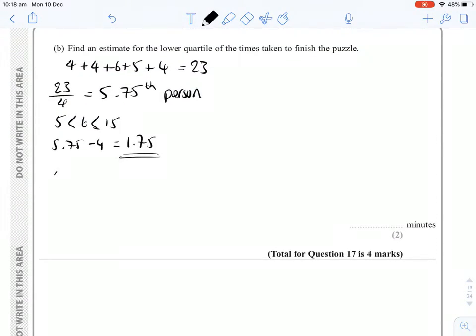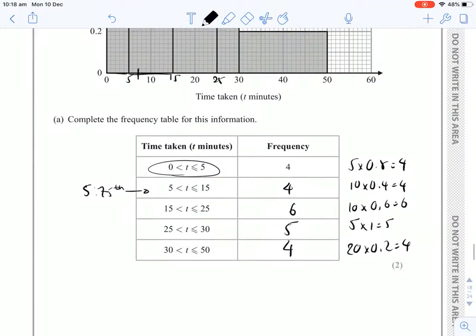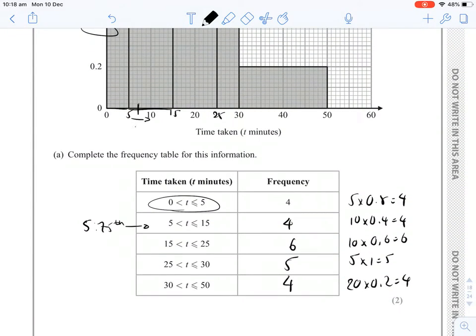So we're saying that 0.4 times the width of the bar is going to be 1.75. So therefore the width of the bar, 1.75 over 0.4, and that is going to be 4.375. So that tells me that I need to go along 4.375 to find my person.